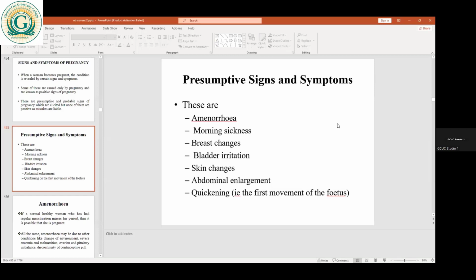If the woman is urinating often, it does not mean she is pregnant. So these are presumptive signs: abdominal enlargement and the movement of the baby in utero.